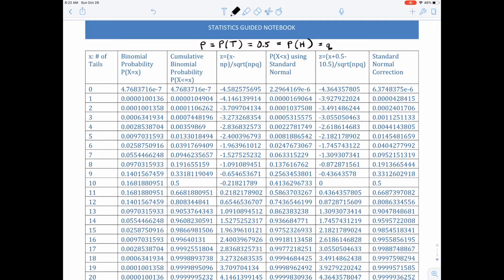Now, when I tried using 11 trials, 11 coin tosses, it was okay, right? But it just didn't work out too well. In some textbooks, I've seen that as long as n times p is greater than 5 and n times q is greater than 5, you can use it.